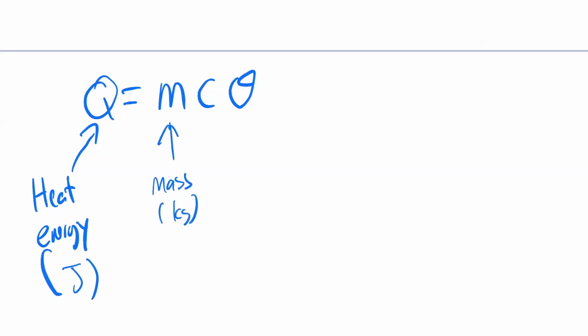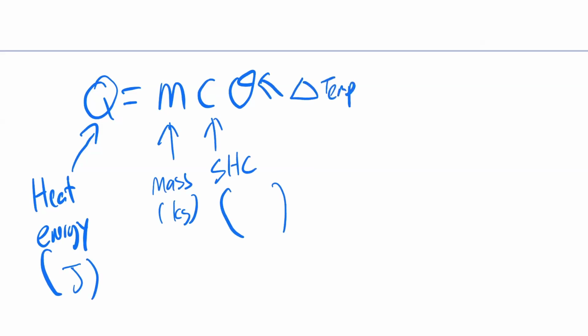Very good. Then your C will be your specific heat capacity. What units was it again? I said it just now. Okay, never mind, we skip the units here first. I'll teach you how to do it later on. And theta is essentially your change in temperature, guys. The change in temperature is measured in what units?